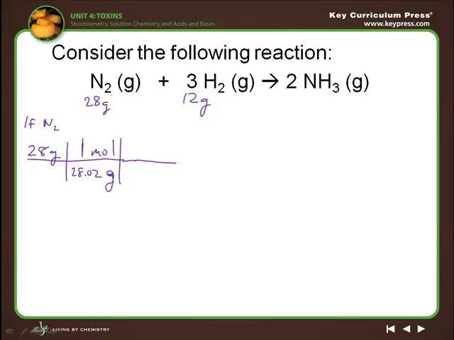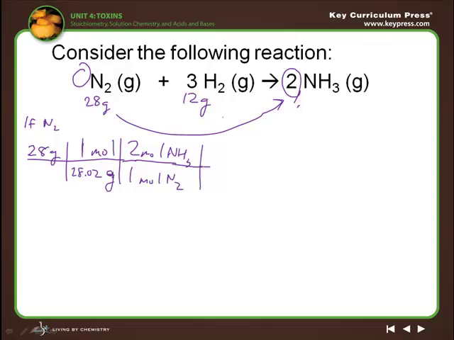So I'm going to go from here to here. I'm assuming that that's my limiter, which is either going to be right or wrong. Then, in 1 mole of nitrogen, based on the equation, there's my 1 up here. There's 2 moles, which is over here, of my ammonia. So there goes 2 moles of NH3.